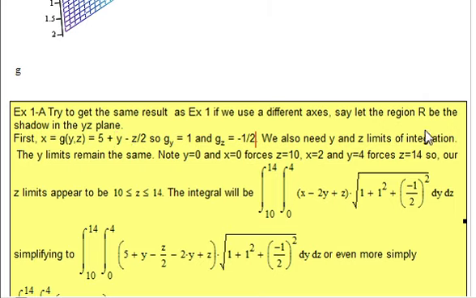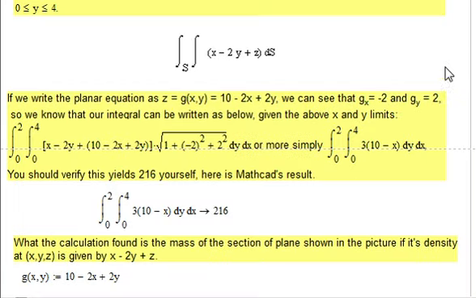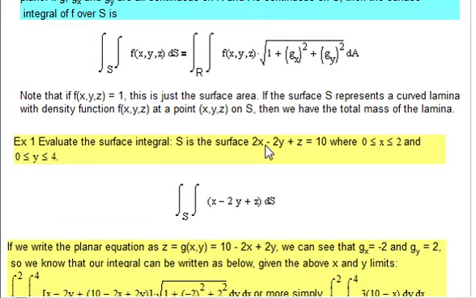So we also need y and z limits of integration instead of x limits of integration, so that's different. Y limits, of course, will be the same because we're still in the yz plane, but for the z limits, if x and y are both 0, then z would be 10 based on this equation.